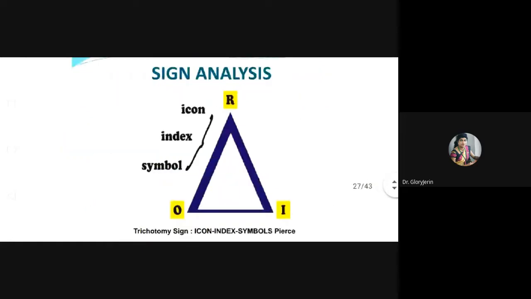This is the trichotomy of sign in Charles Peirce's theory. A sign is something grasped by a person due to its relationship with his response to something or the capacity of the object he sees.